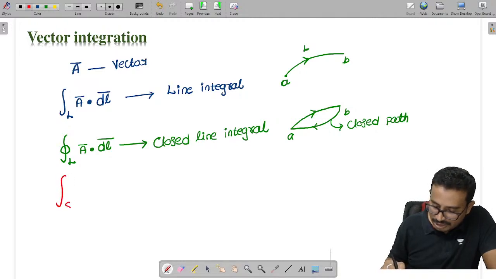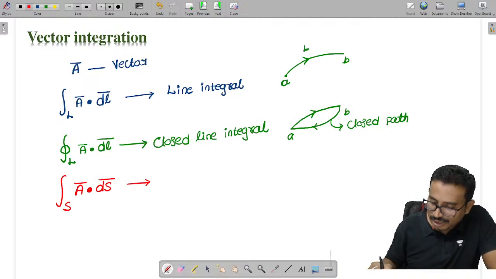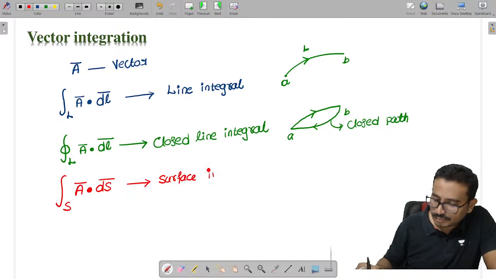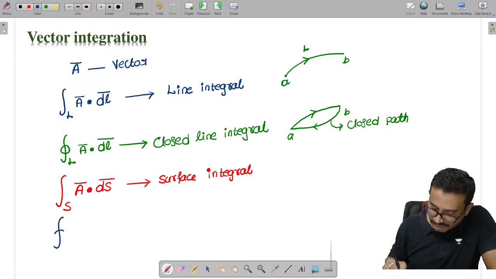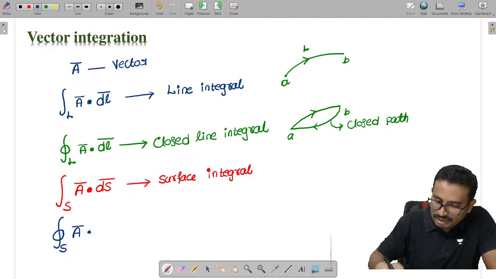And the integral with S indicates surface integration of A dot ds. This is called a surface integral. If my surface is a closed surface, we indicate it like this, with a circle on the integral.